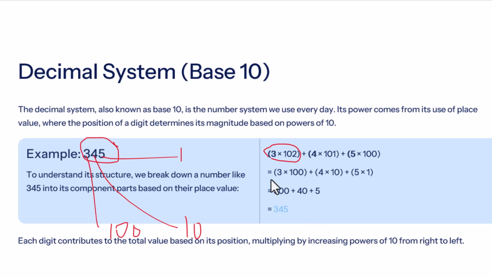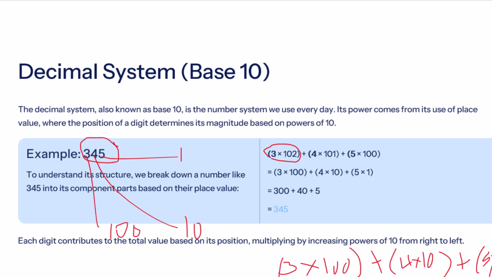So we multiply the 3 times 100, plus the 4 times 10, plus the 5 times 1.